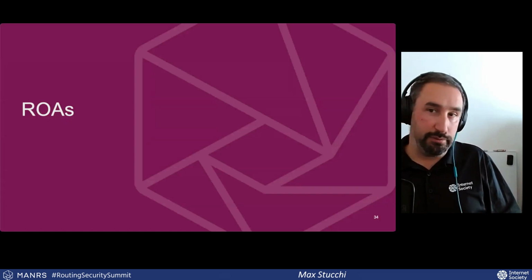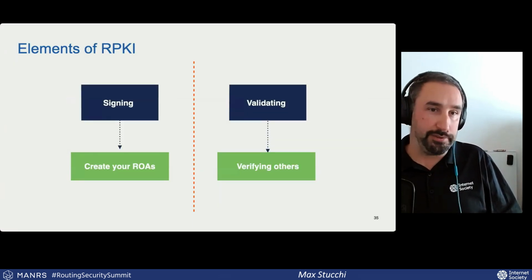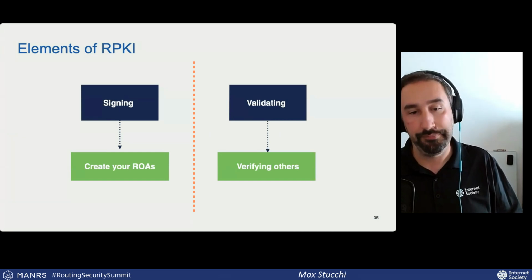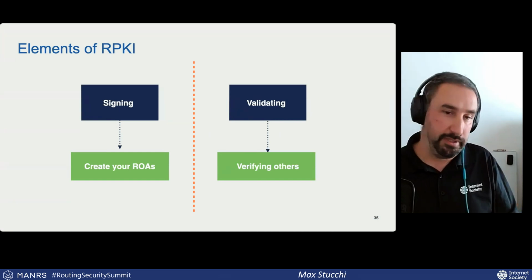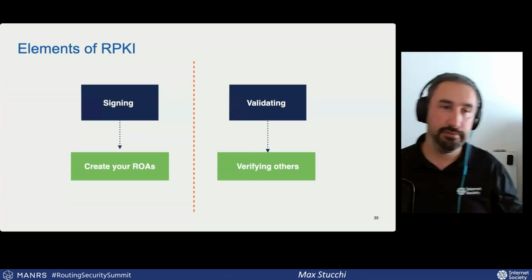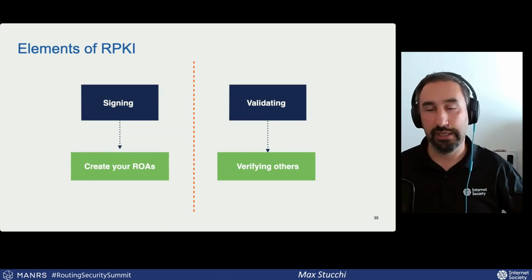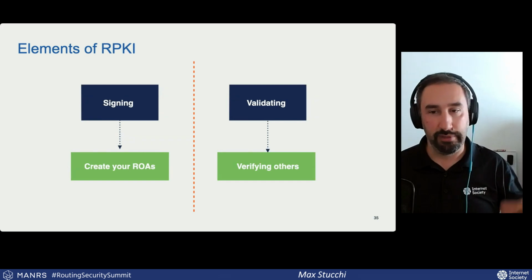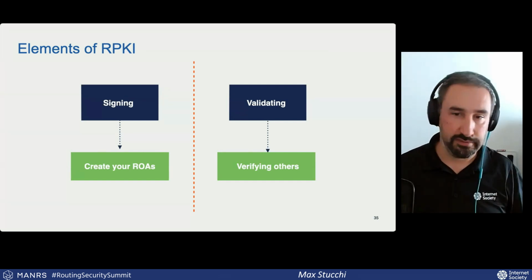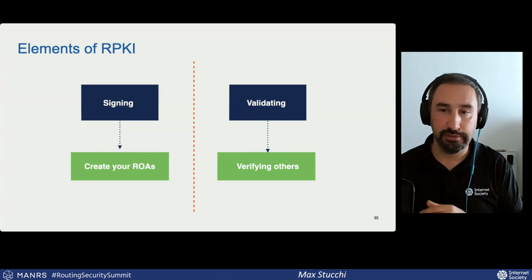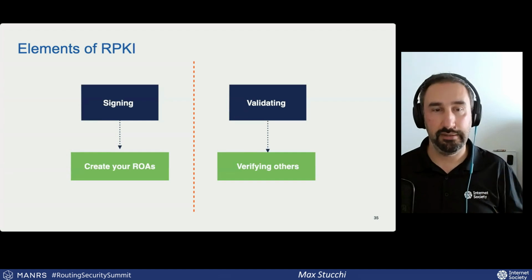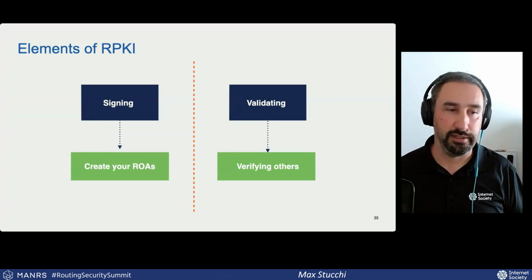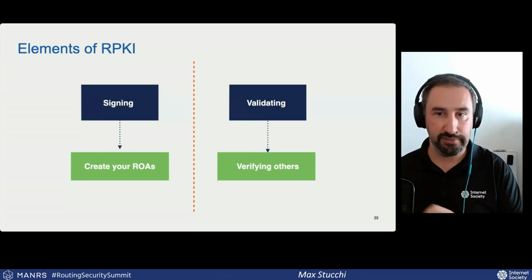So now we get to ROAs. Because when we look at RPKI, we have two sides. One is the signing, when you create your ROAs. So you create data for others to use. You sign something. And then on the other side, you have the validation, where you verify the data that others have put in the database and others have signed.